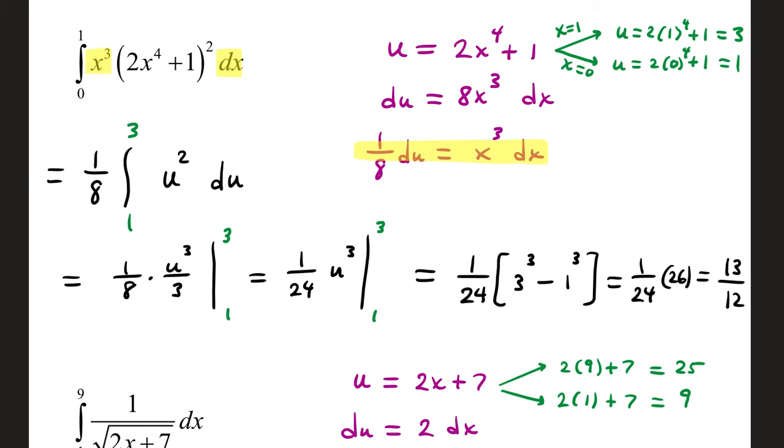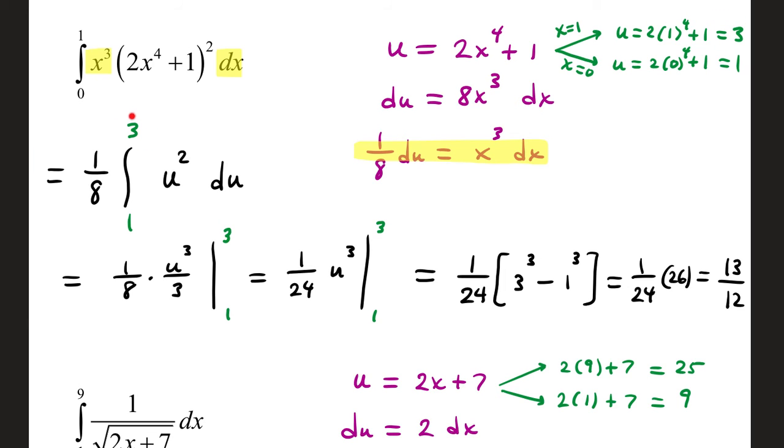Now, when you substitute in a new variable, the lower and upper integral limits have to be filtered through that substitution. These two numbers are assigned to the variable x. When you trade out with a u, you have to filter those numbers through your substitution. So for the new upper limit, 2 times 1 to the 4th plus 1 is equal to 3.